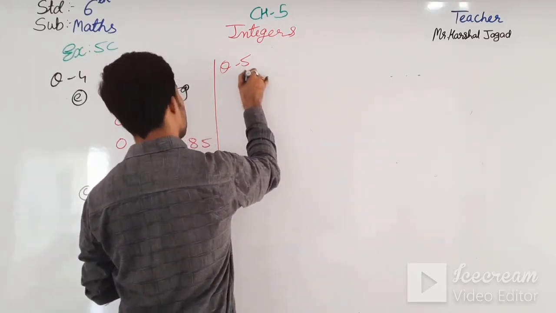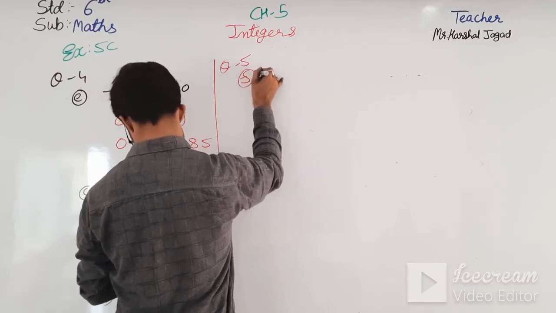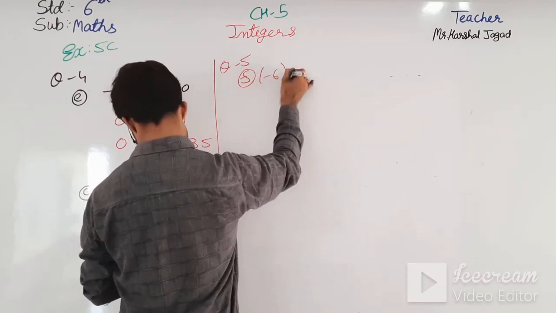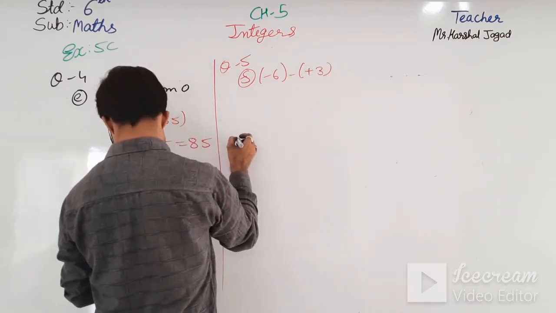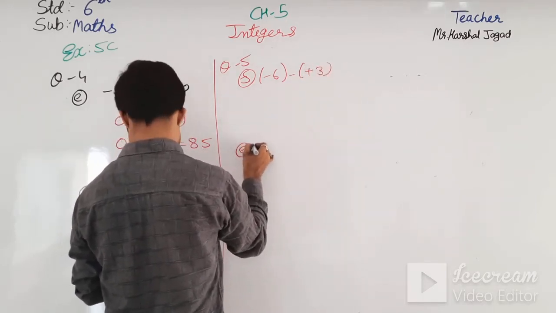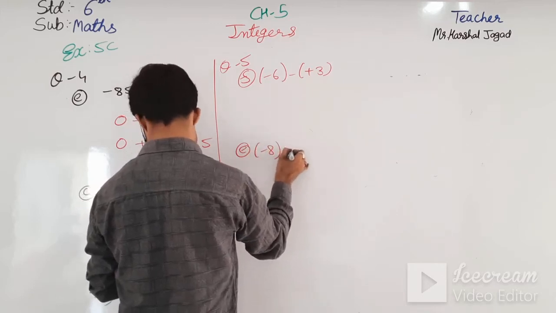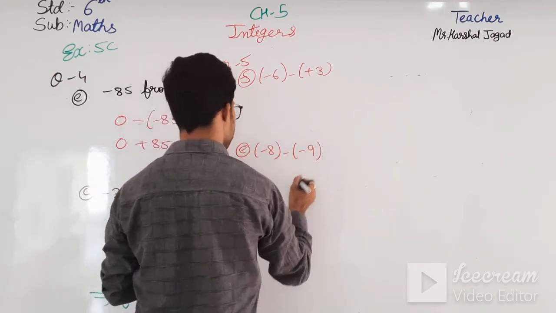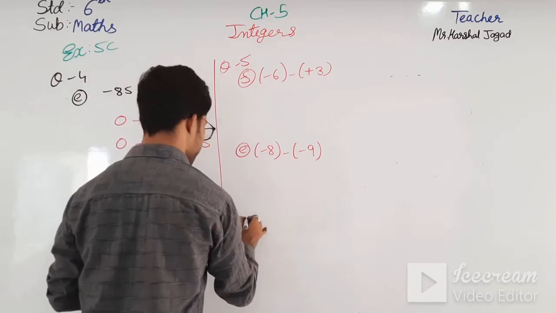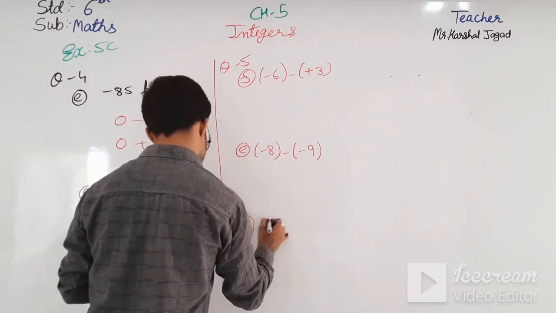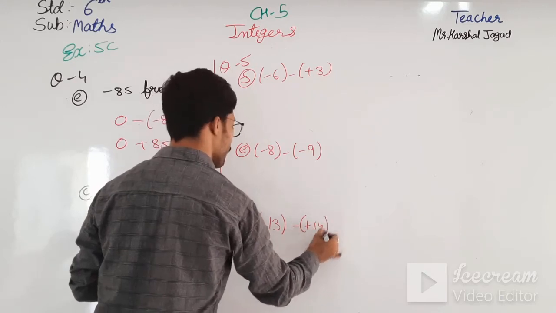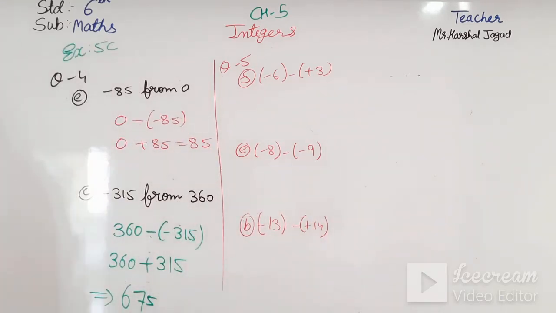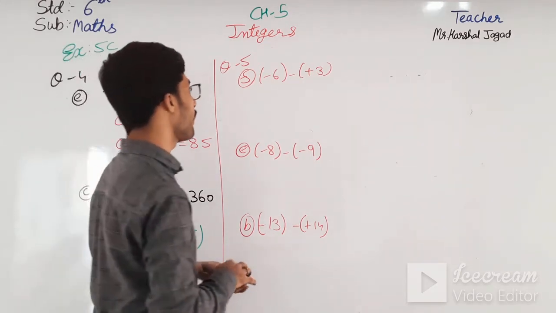In that we will do F, minus 6 minus of plus 3, and also we will take E, that is minus 8 minus of minus 9. Then another we will take, that is B, minus 13 minus of plus 14. So we will solve these 3 from question number 5.